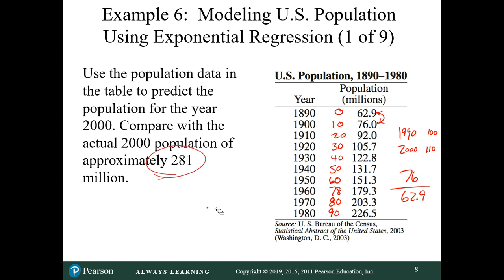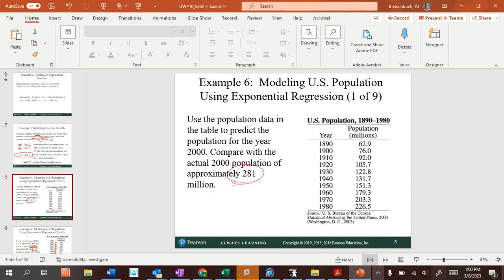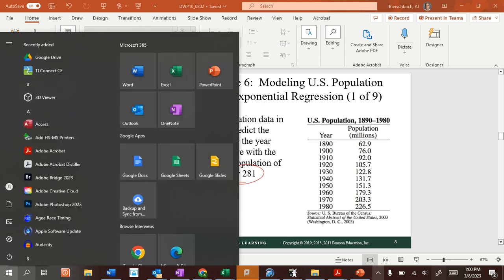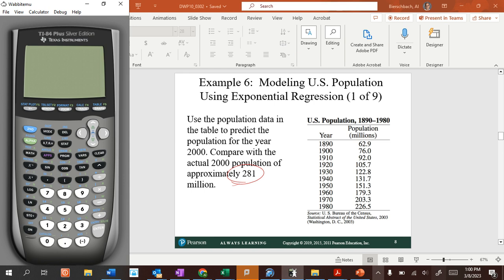So, if you have your graphing calculator, yeah, we'll discard that. I'm going to grab my graphing calculator. Right here. What I'm going to do is go into Stat, Edit, and I'm going to put the years in.